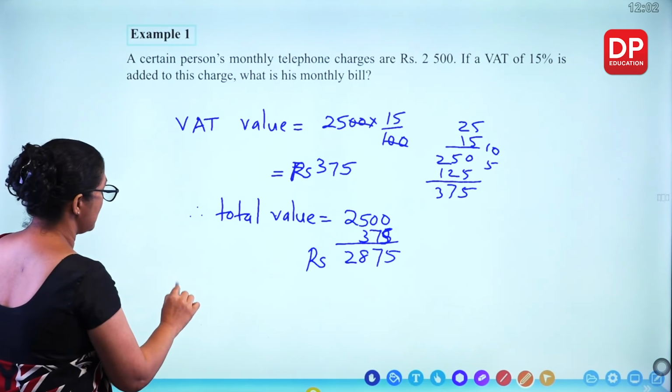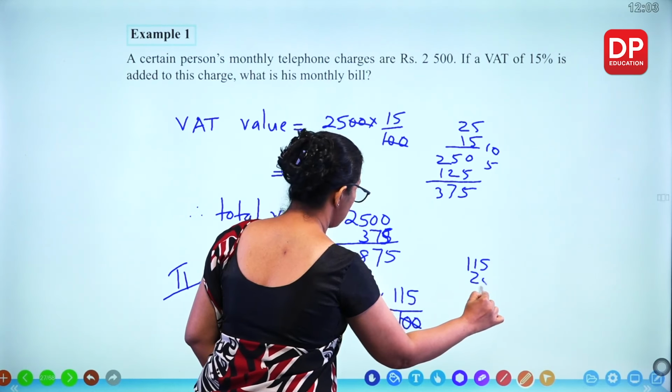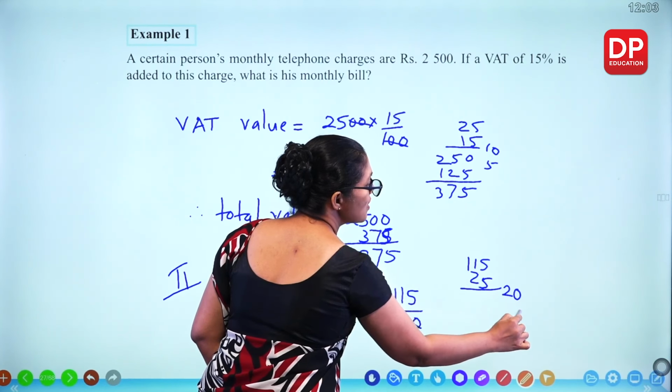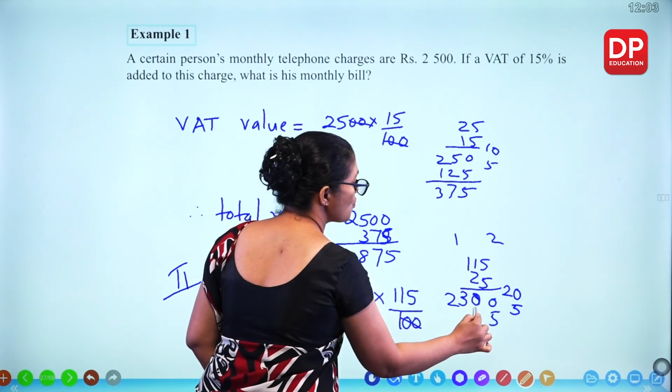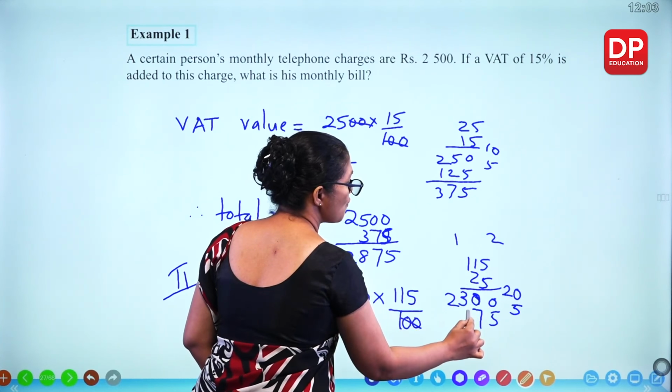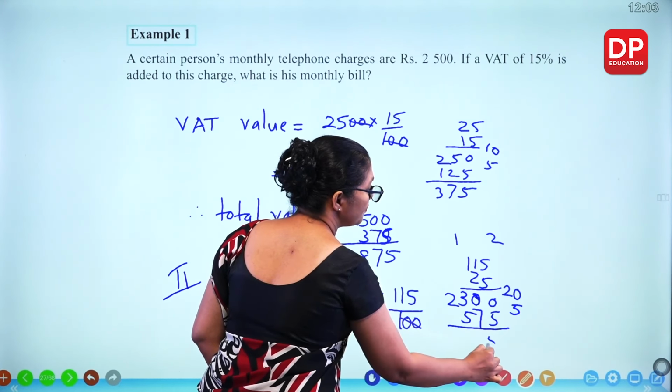So we'll do 115 straight away multiplied by 25. 20 and 5. 2 times 5, 10. 2 times 1, 2 plus 1, 3. 2 times 1 is 2. 5 times 5, 25. 2 remaining. 5 times 1, 5 plus 2, 7. 5 times 1 is 5. So you are getting the same answer. 2,875.